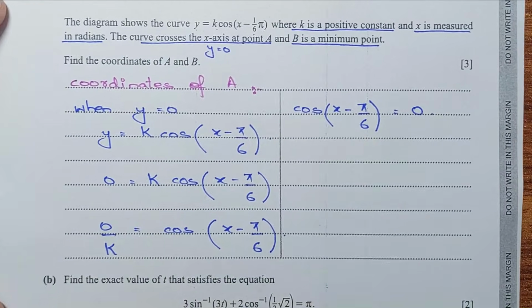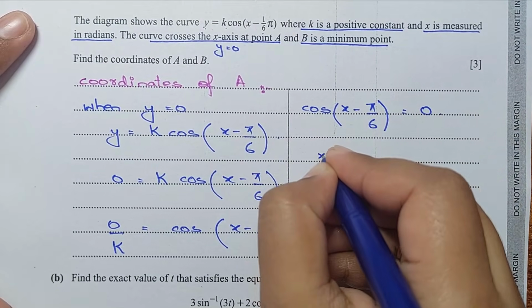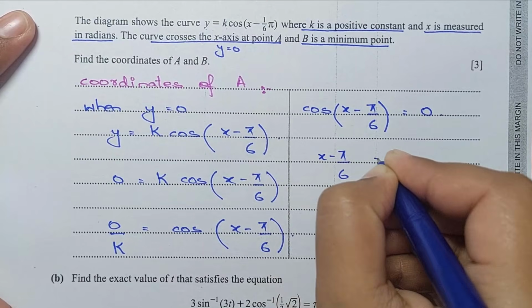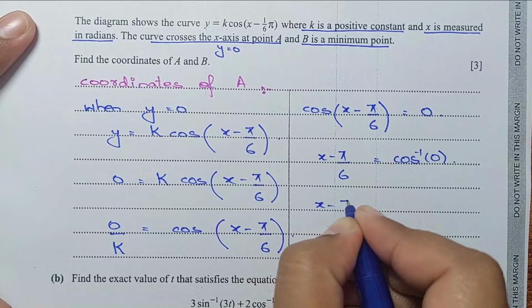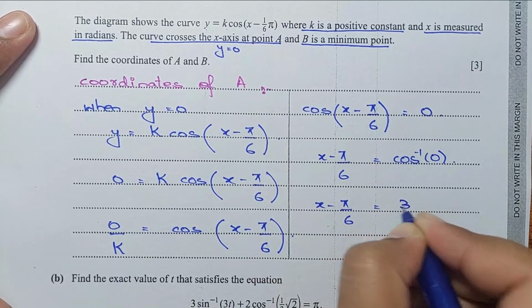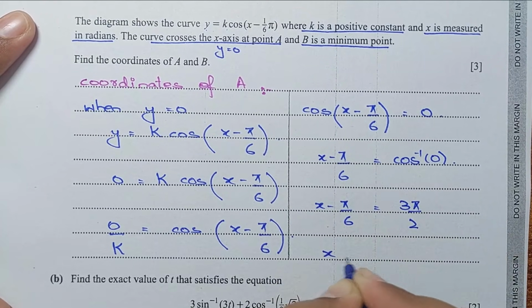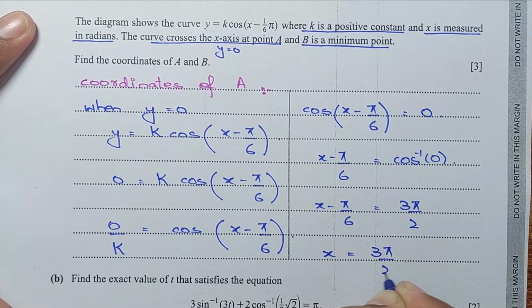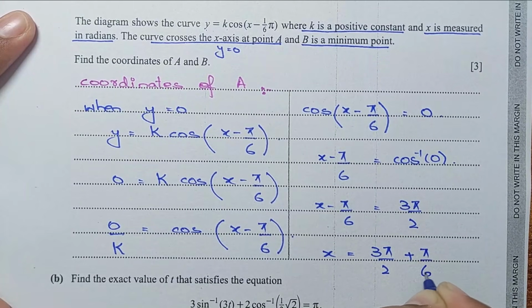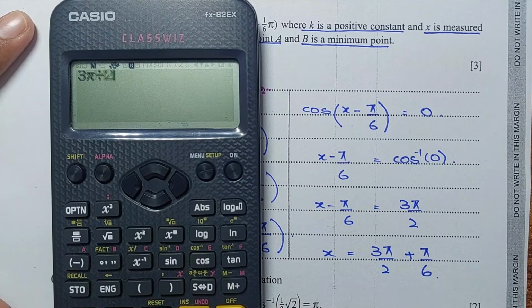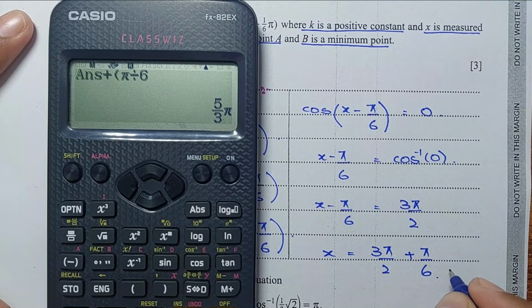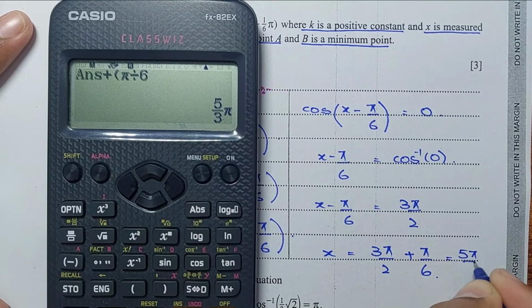So we can say cos of x minus pi by 6 is equal to 0, so x minus pi by 6 is equal to 3 pi by 2. And what is x? x is 3 pi by 2 plus pi by 6. Let me simplify. So 3 pi by 2 plus pi by 6 is 5 pi by 3.